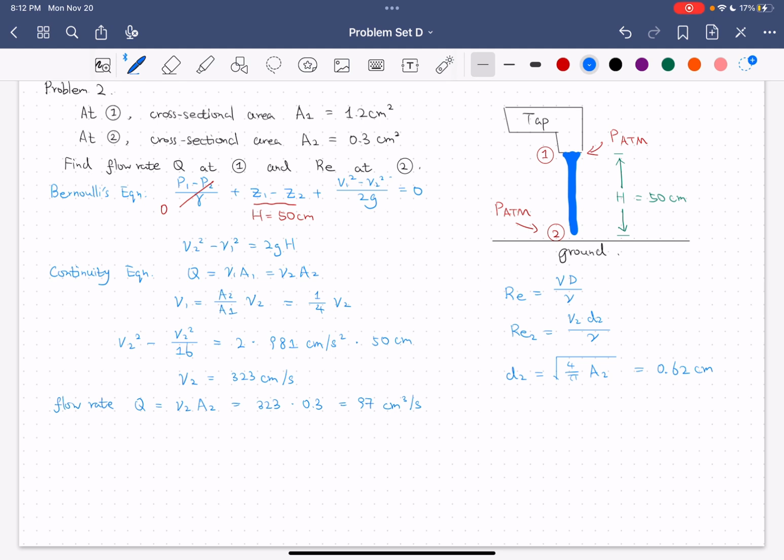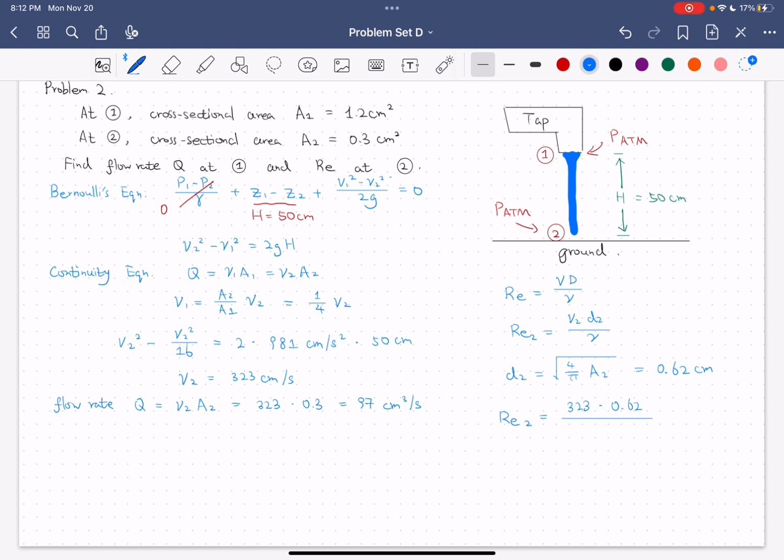And Re2 would just be, so V2, which is 323, times 0.62 divided by the viscosity.